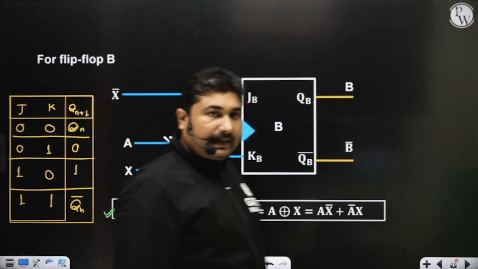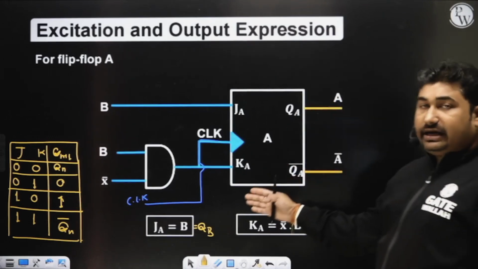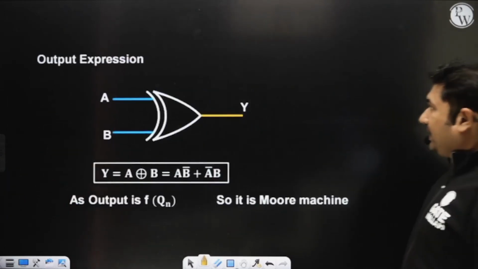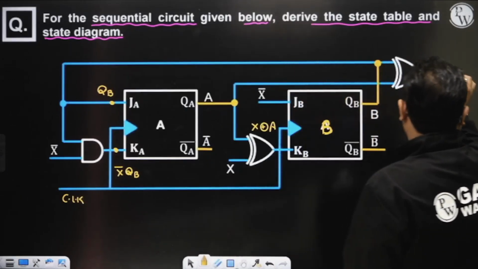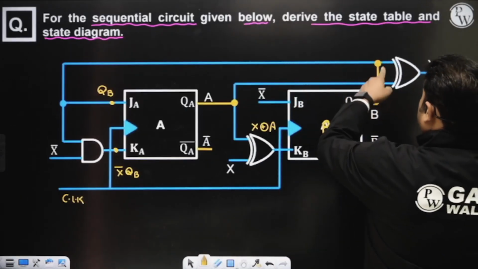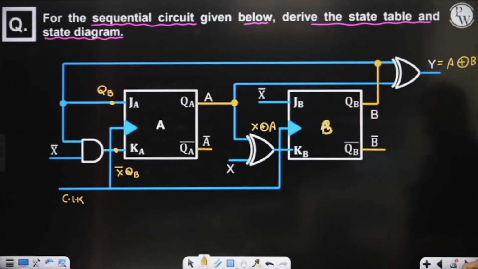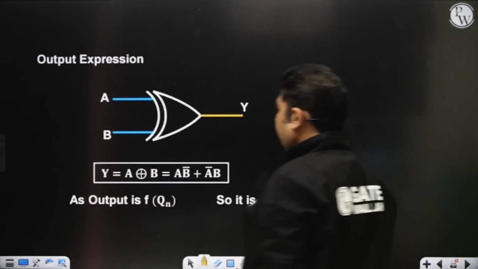Now I am interested in identifying the inputs JA, KA and JB, KB. Also we have an output. What is the output expression? The output expression Y is A XOR B.